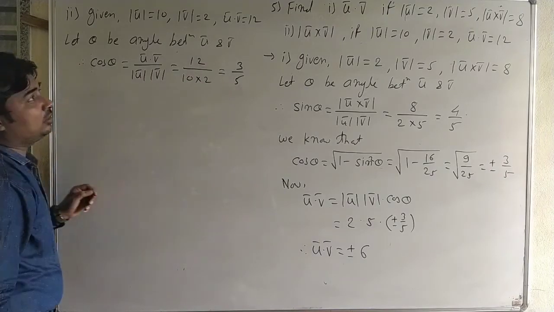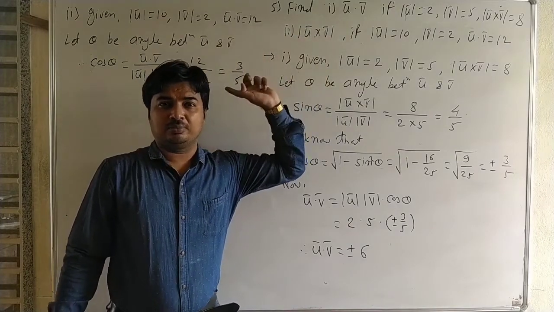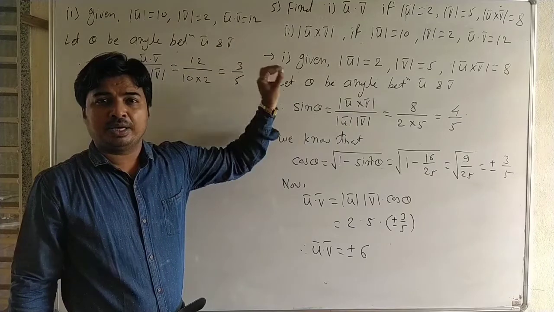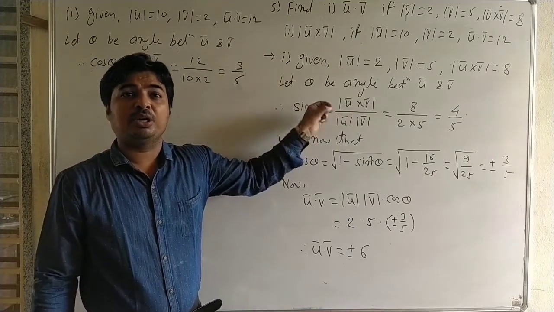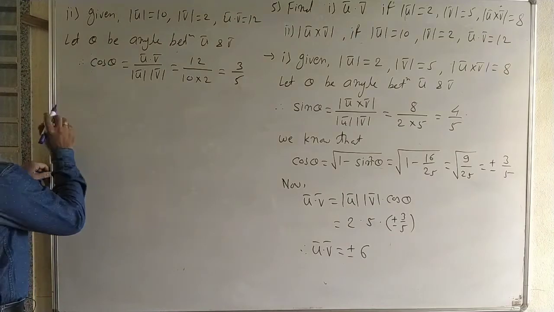Again, we want to find the magnitude of the cross product of u bar and phi bar. It is magnitude of u bar into magnitude of phi bar into sin theta. Here, we know the value of cos theta, so find the value of sin theta.